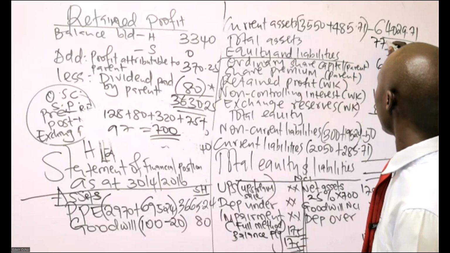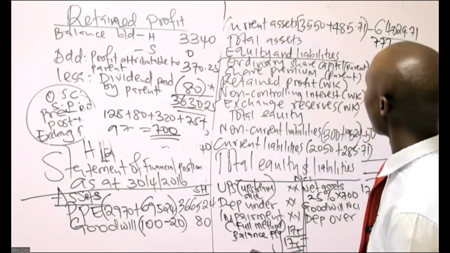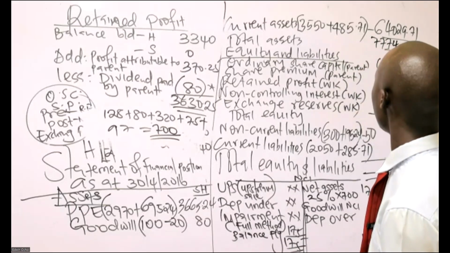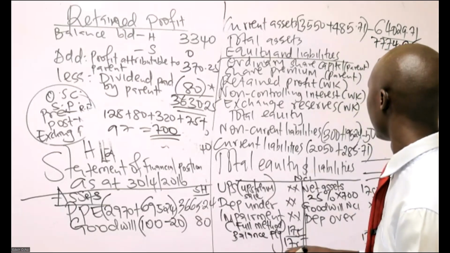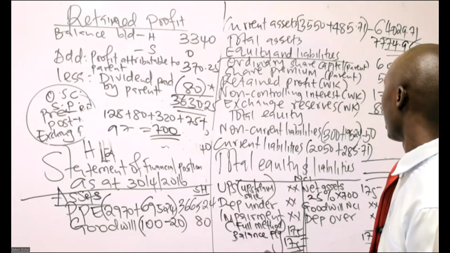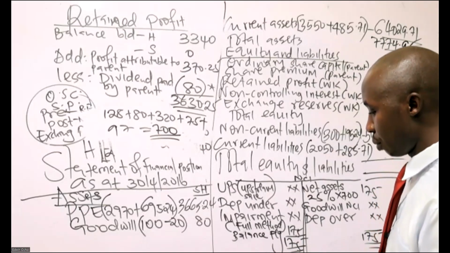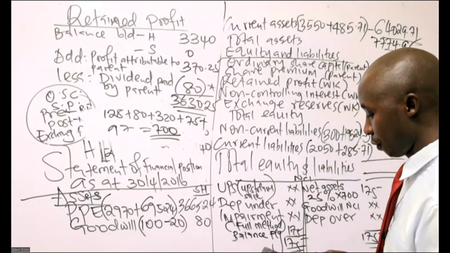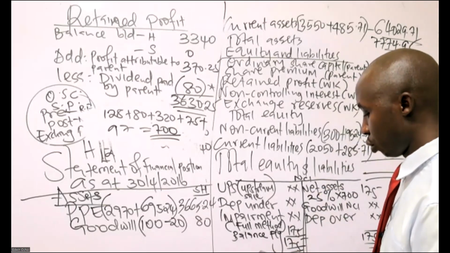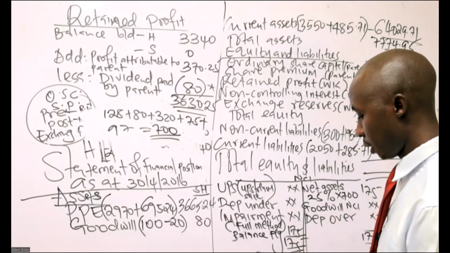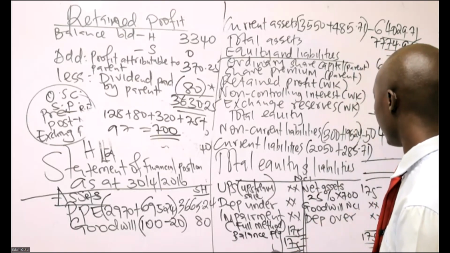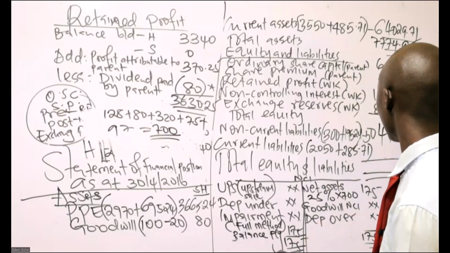This is 7,704.95. Non-current liabilities 300 plus 195.24, which you told me, minus 15. This is 445.24.